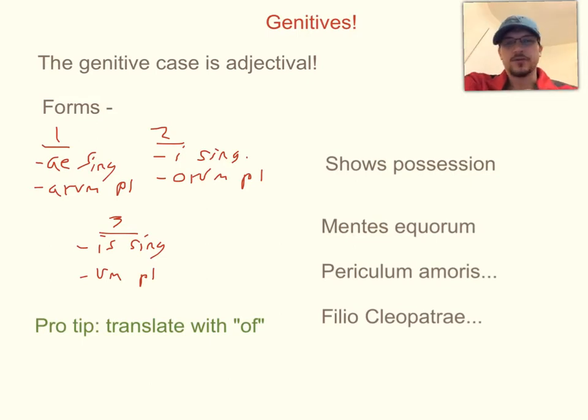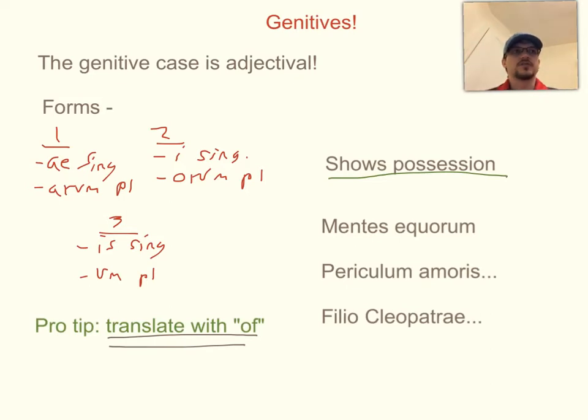Now you're probably still wondering what the genitive case is doing, even though you know the endings. It shows possession. You remember my first slide where it said the gray cat of Mr. Haydn? It's that of Mr. Haydn part that in Latin would be in the genitive case. And to translate, I want you all to think that you can translate with the preposition of.